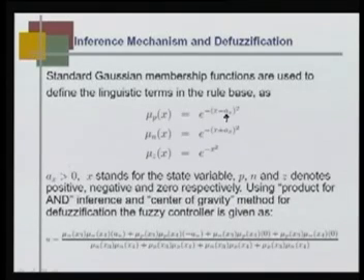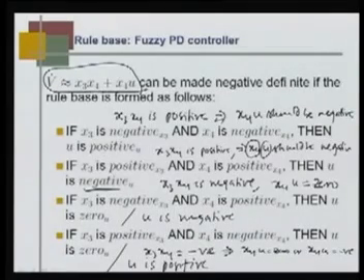Here a x represents the mean, x stands for the state variable, and P, N and Z denote positive, negative and 0 respectively. Using the product for AND inference and center of gravity method for defuzzification, the fuzzy controller is given as follows. We have 4 rules. So, for the 4 rules, I find out the membership function of this, mu x3 into mu x4.